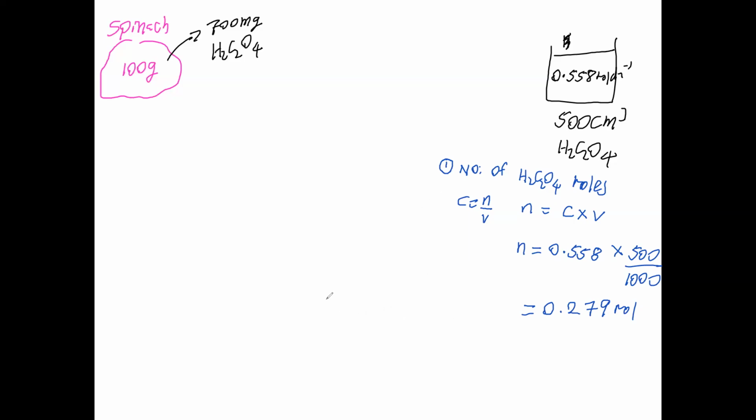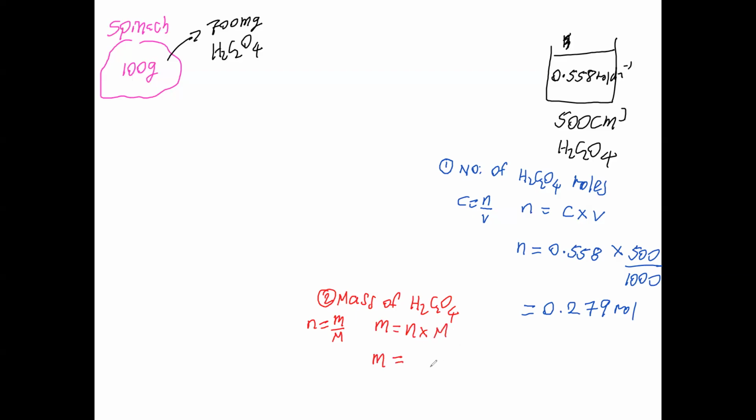Second thing, mass of oxalic acid H2C2O4. Number of moles equals mass divided by molar mass. So mass equals number of moles times molar mass.